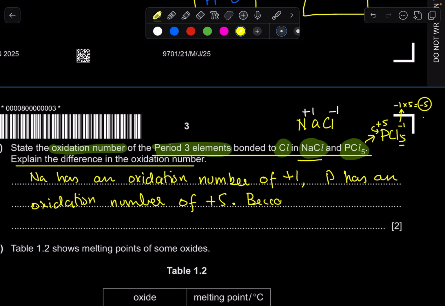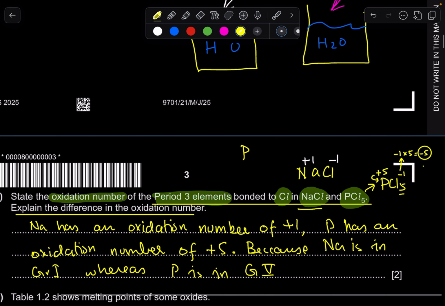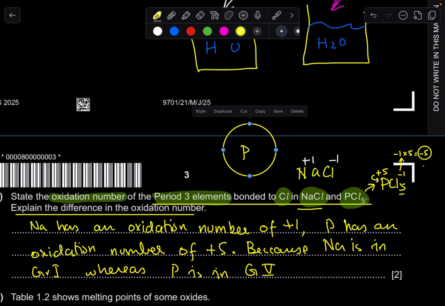Because you know that sodium is in group 1, whereas phosphorus is in group 5. That means that phosphorus atom in its valence shell has 1, 2, 3, 4, 5 electrons.